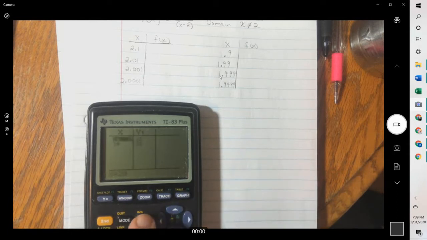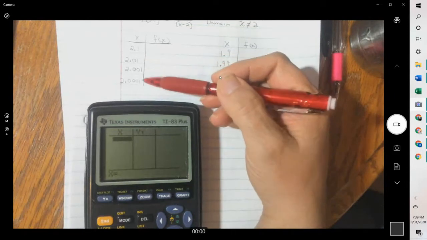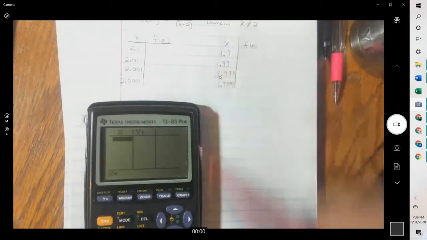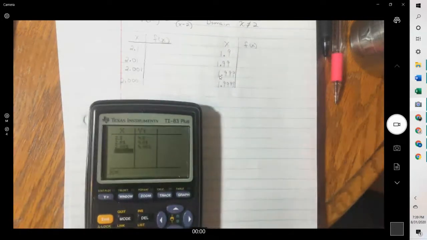Now we're going to go to table and plug in values, and I'm going to delete the ones that are there just by hitting delete. So I'm going to plug in 2.1, hit enter, 2.01 and hit enter, 2.001 and 2.0001.